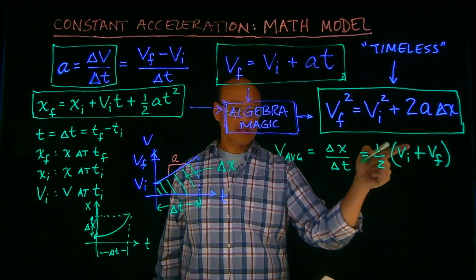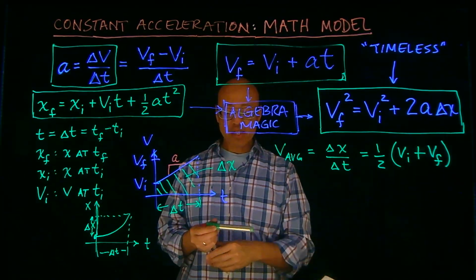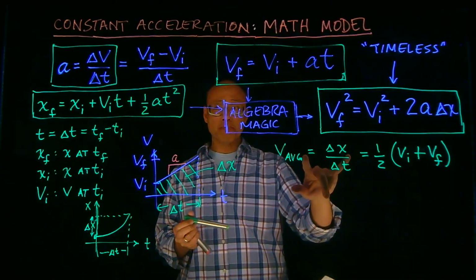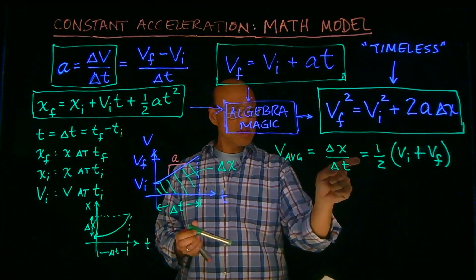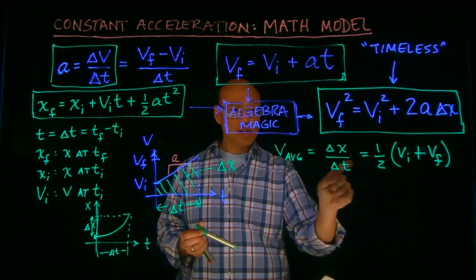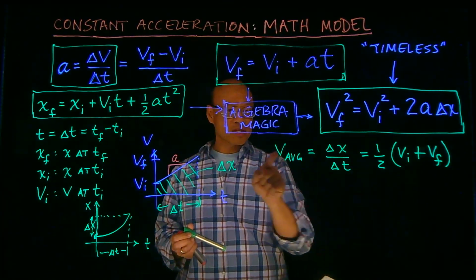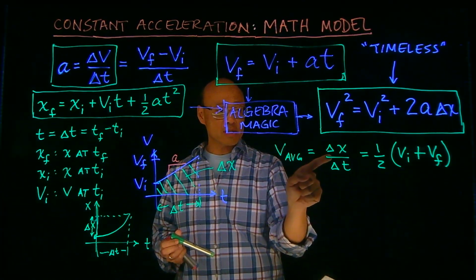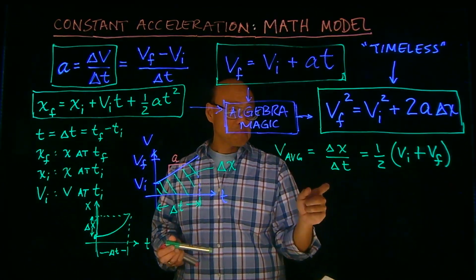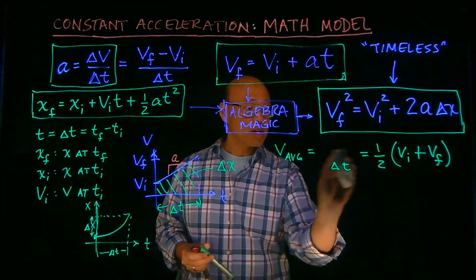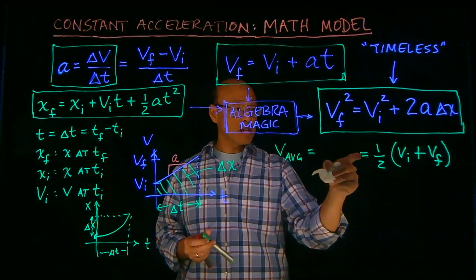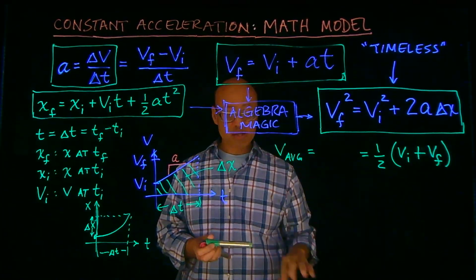So we have another equation for average velocity when I'm experiencing a constant acceleration. The handy thing to remember, and you might not be used to seeing two equal signs one after another, is that they literally mean equal equal, right? So I might say V average is equal to this, or maybe I'm not interested in delta x, delta t, so I don't use it, and V average is also equal to this.